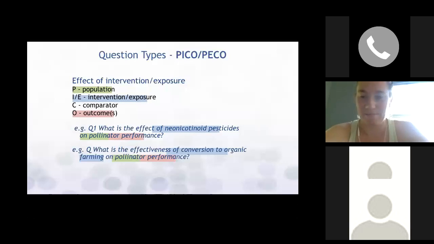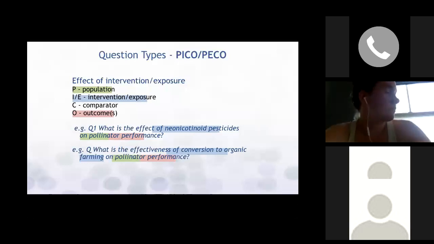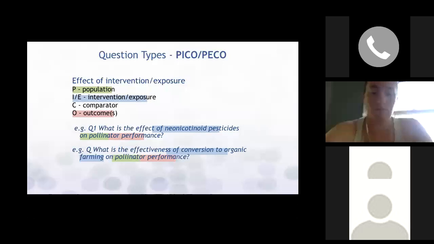Okay. So you can see then, when you look at your question, you ensure that it incorporates all, or rather 3, of your PICO elements. Often it's difficult to clarify what your comparators are in your question because they're going to be specific to the scale of rigor that you would like to capture in your study. So this is the second example.